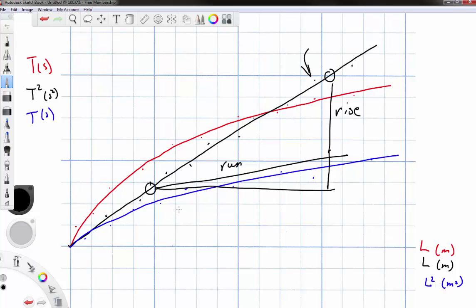But what you should find when you do this is that the slope is somehow related to the gravitational acceleration g. So slope and g are somehow related. This is, of course, 9.8 meters per second squared. And what you want to do is try to figure out how they're related.